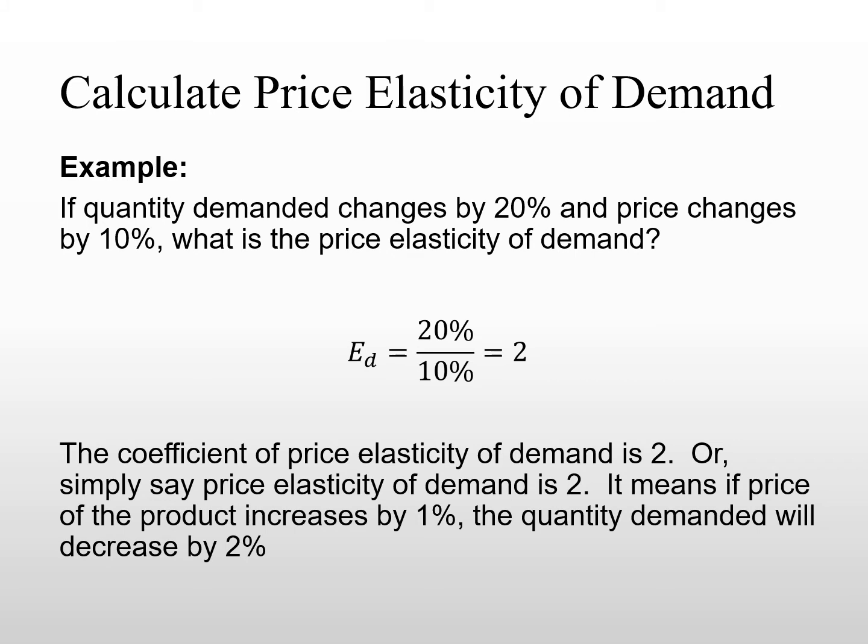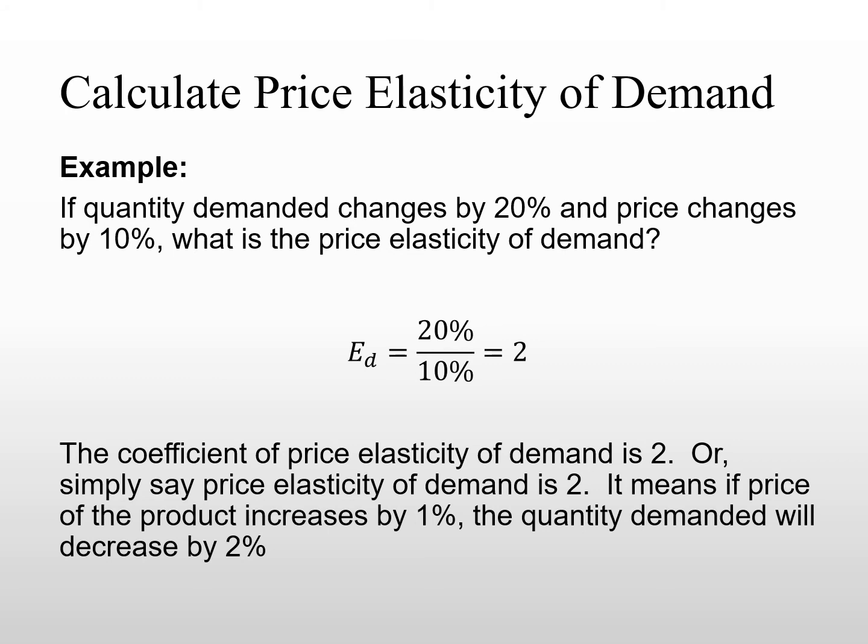So for convenience, we take out the negative sign and put the quantity demand percentage change, 20%, into our calculation and divide it by the percentage change in price, which is 10%. After the calculation, we get the final value equal to 2.